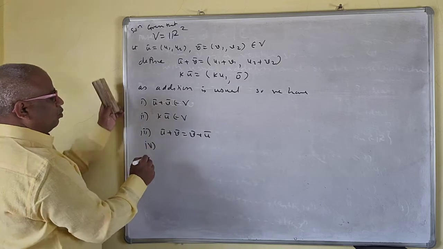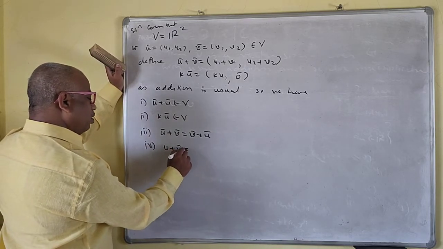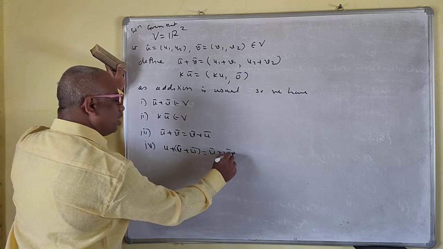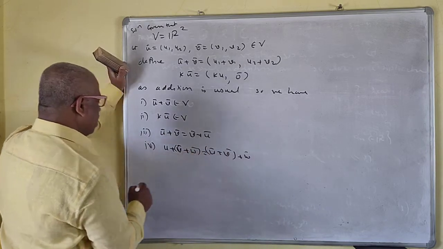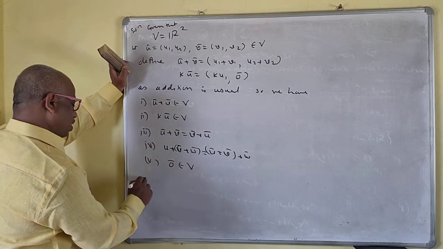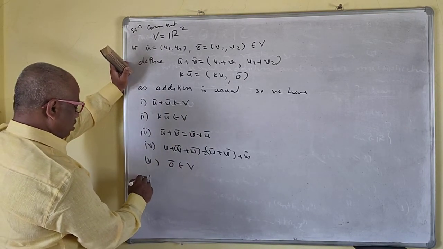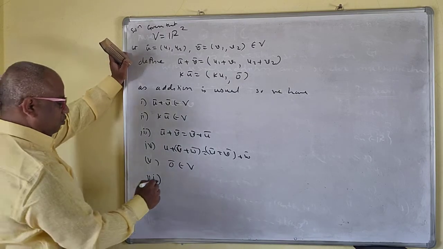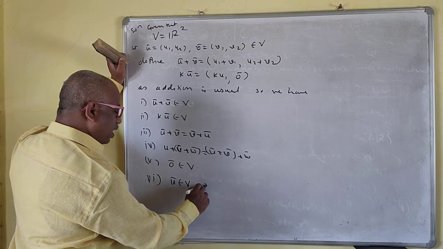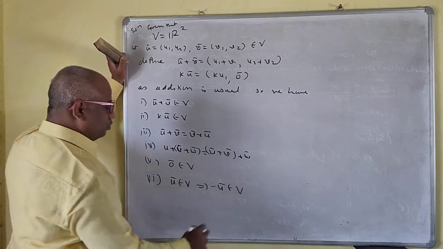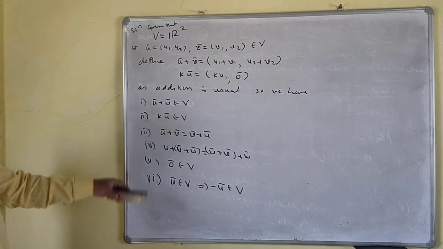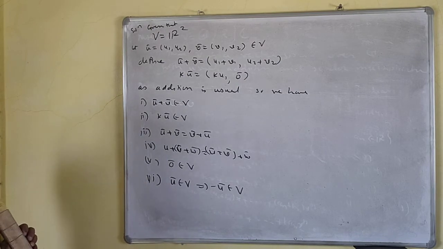Fourth, u bar plus v bar plus w bar is the same as u bar plus v bar plus w bar, that means this is associative. Fifth, 0 bar belongs to V. Then the sixth one: u bar belongs to V implies that minus u bar belongs to V. So automatically the first 6 hold.